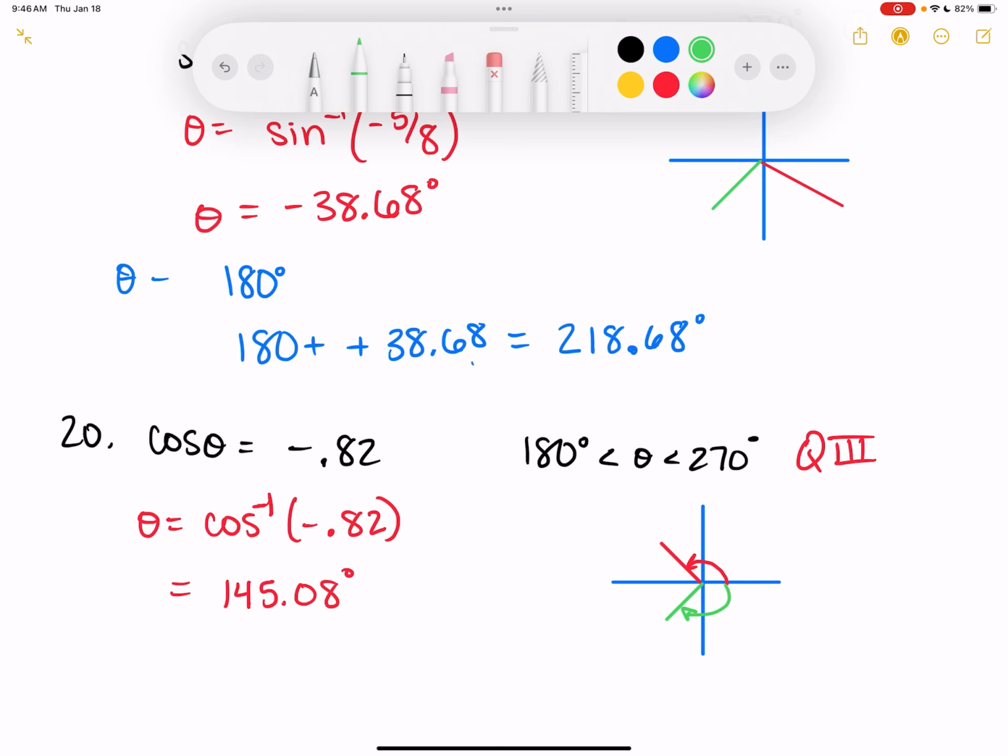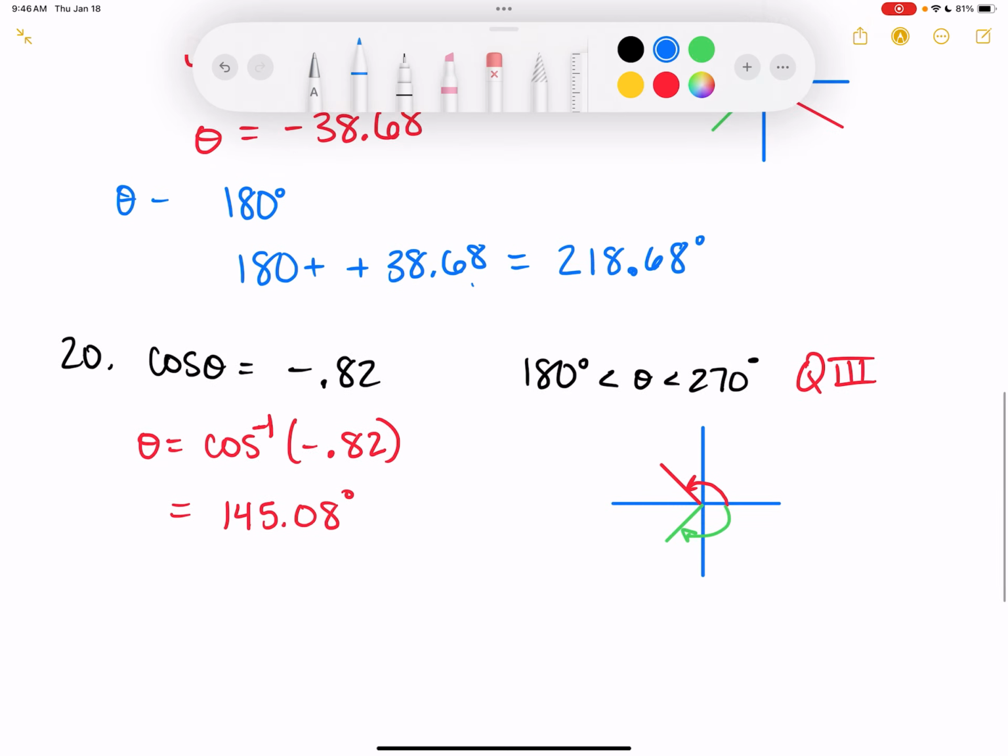And so if we do 360 minus that value, what does that give us? 214.92, and that is in degrees, and so that would be the angle that's down here in quadrant 3 that we're looking for.